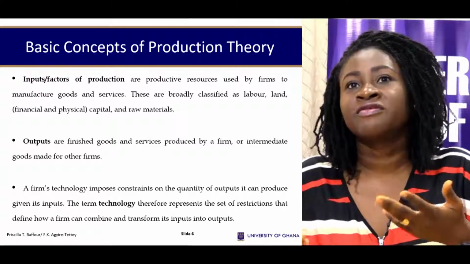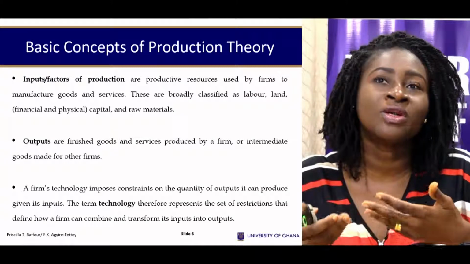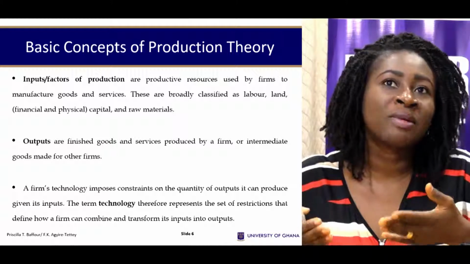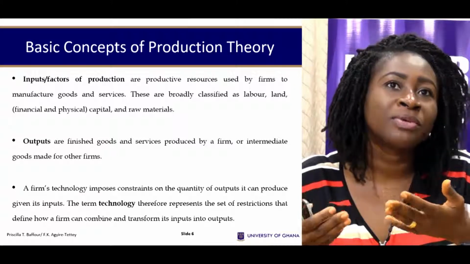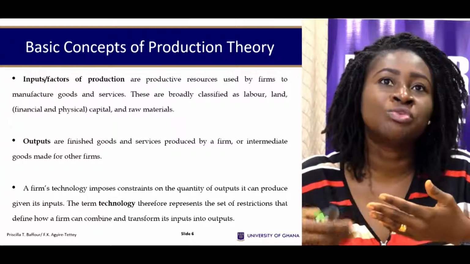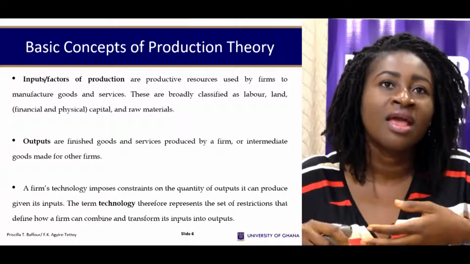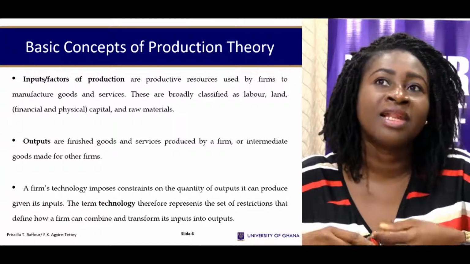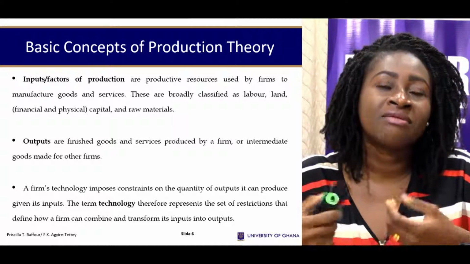So in terms of definitions, because you have also looked at production in level 100, I will not spend too much time going through what inputs are and outputs are, but you know that inputs are what we use to produce goods and services, right? And what are these inputs? They include land, labor, capital, raw materials.